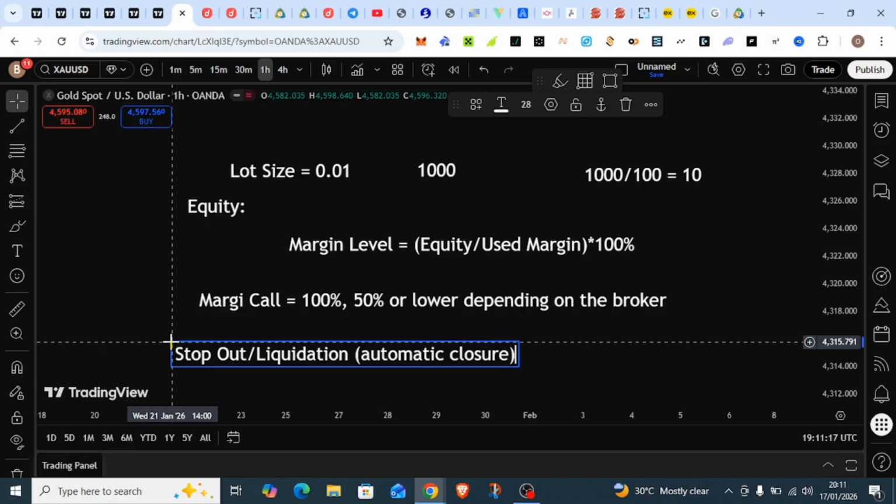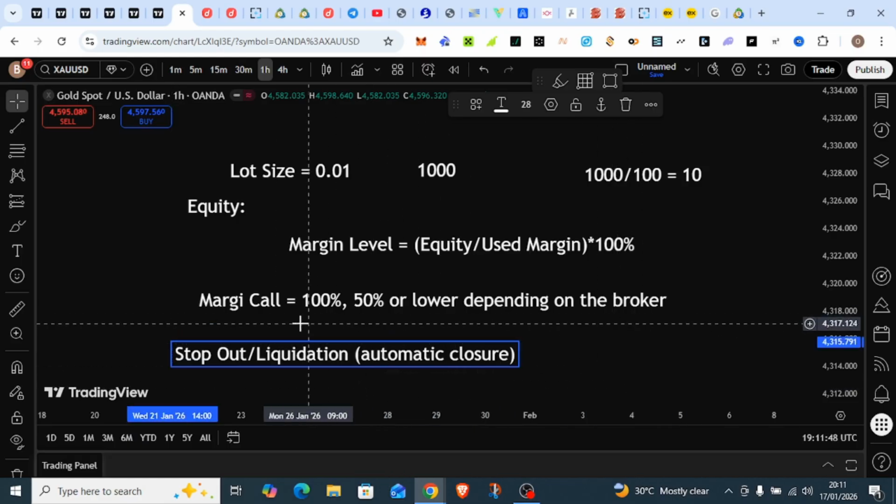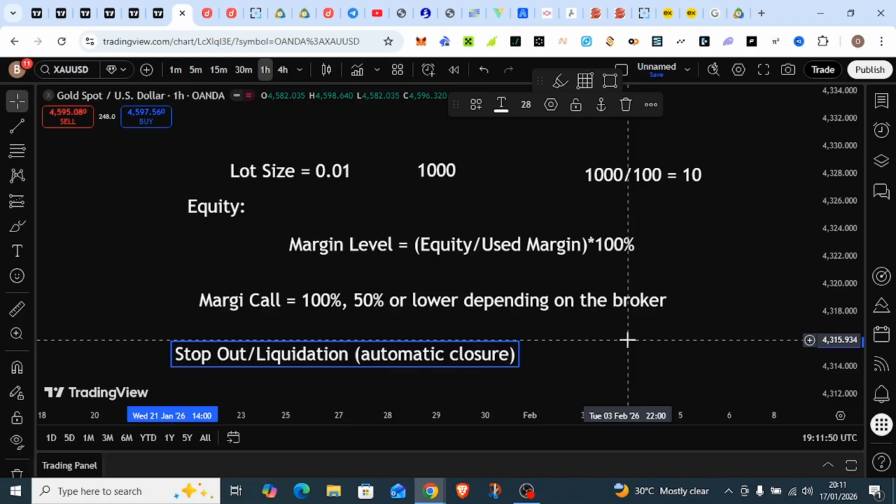If the margin level falls to the broker's stop out level, which is the liquidation level, the broker automatically closes or liquidates all the positions. The goal of liquidation is to protect you and the broker from negative balance. So that's why liquidation occurs, to avoid your account having a negative balance.